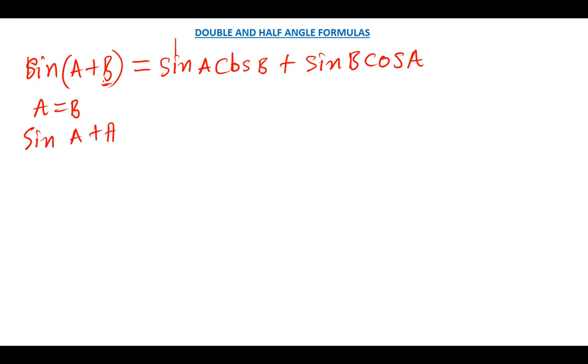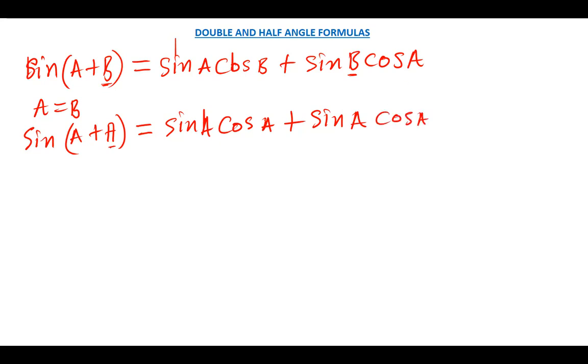This will be equal to sine A, and then on cos, instead of cos B, we have cos A, plus sine B, instead of B we have A, so sine A, then cos A will still remain as cos A.